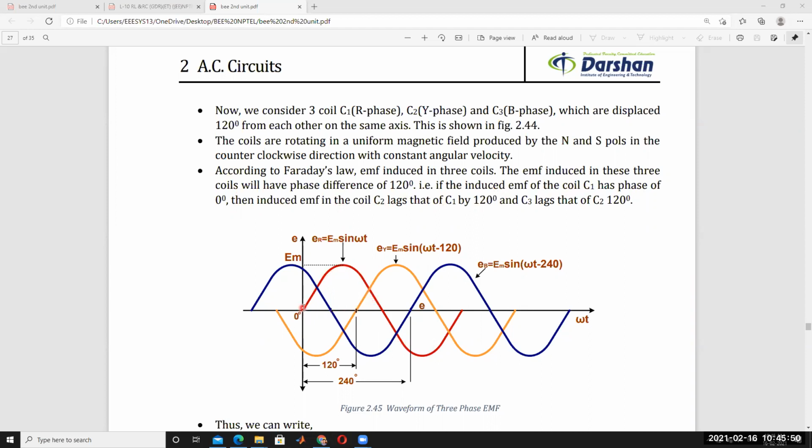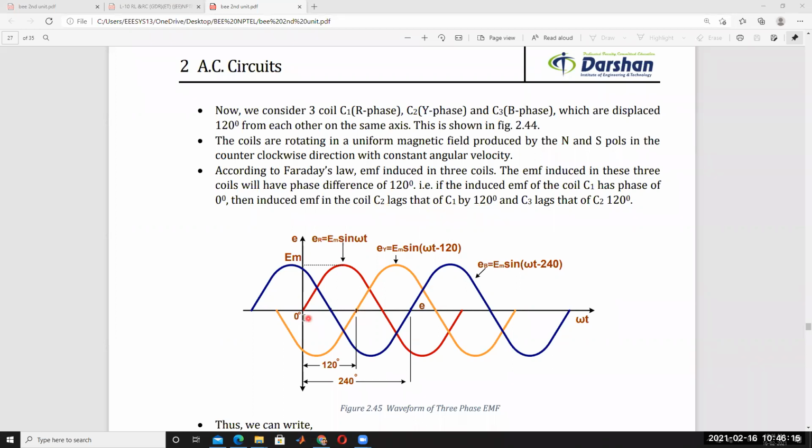That means after 120 degrees, here 0 degrees, in between exactly 90 degrees, and then here 120 degrees. After 120 degrees, this coil C2 starts. The induced EMF in coil C2 lags C1 by 120 degrees. Understood?